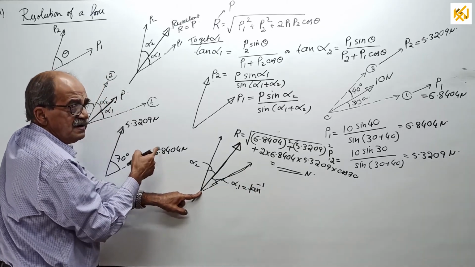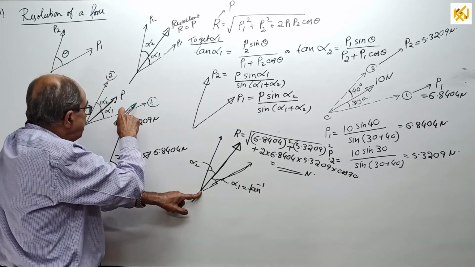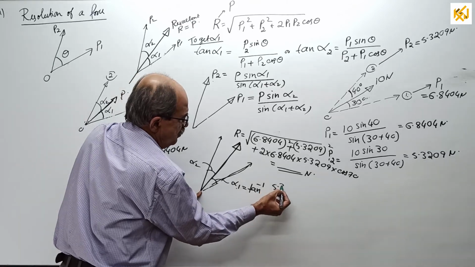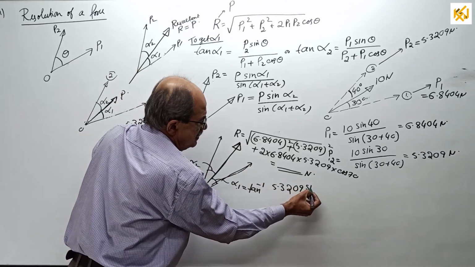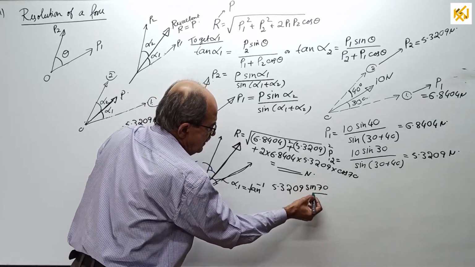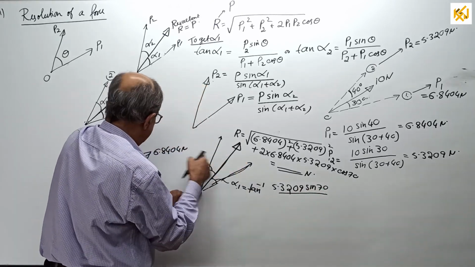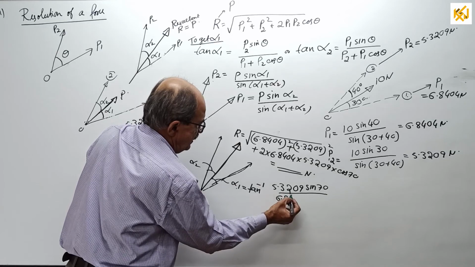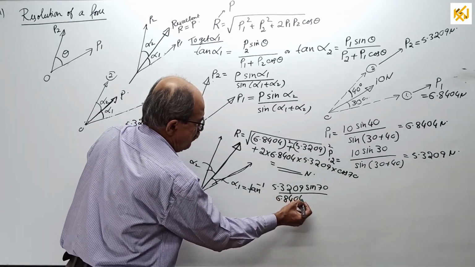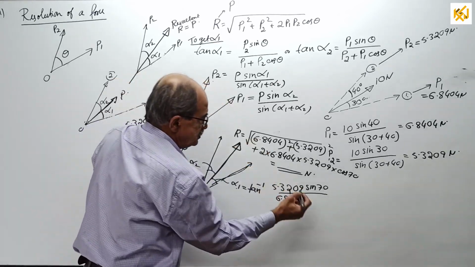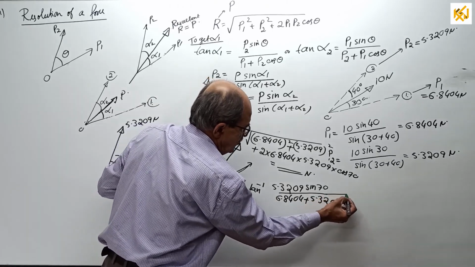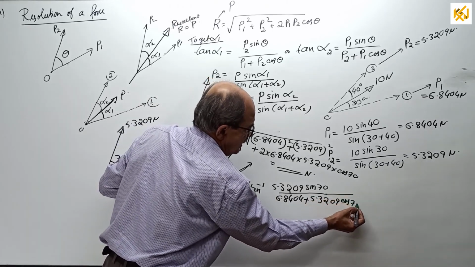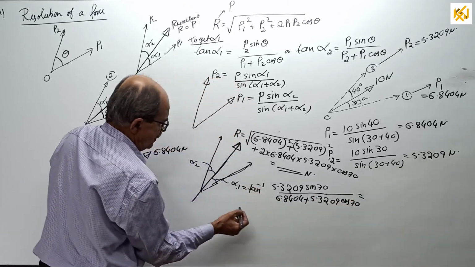It is tan inverse of the other force, 5.3209 into sin 70, divided by this force 6.8404 plus the other force 5.3209 into cos 70. That will tell you alpha 1.